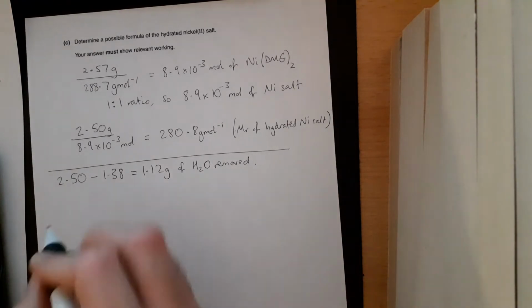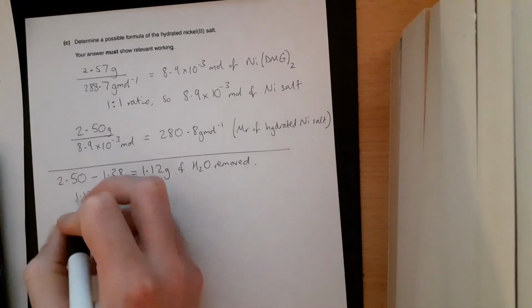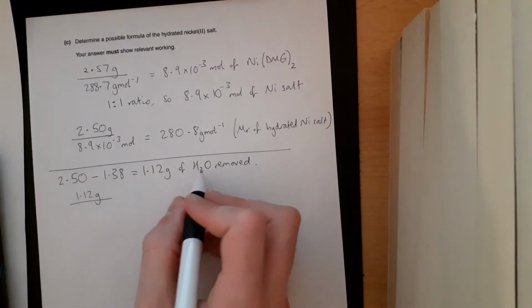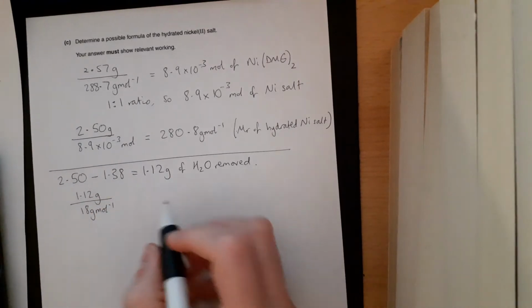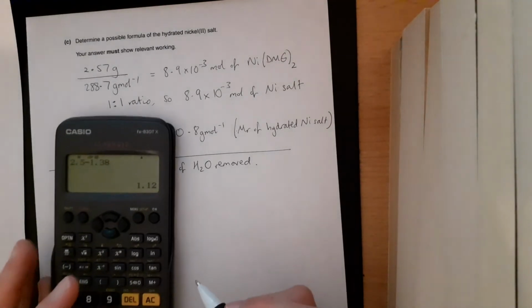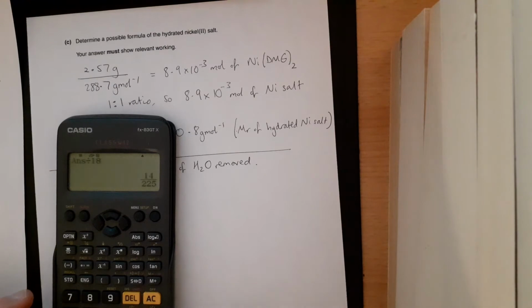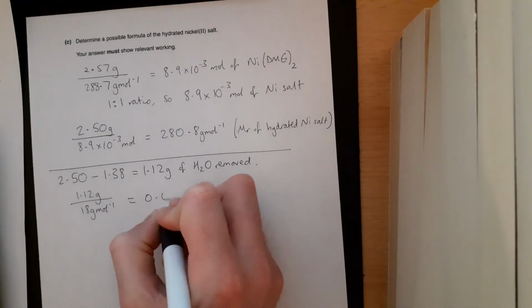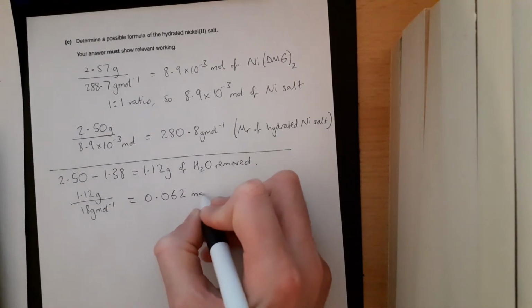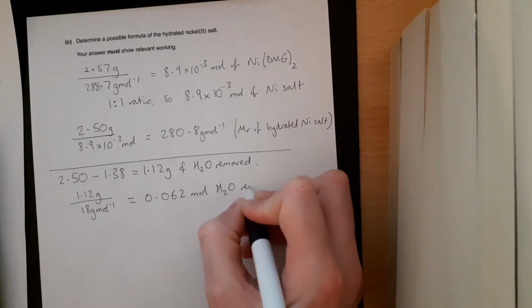So we do 1.12 grams divided by 18, grams per mole for water. Divided by 18 is 0.062 moles of H2O removed.